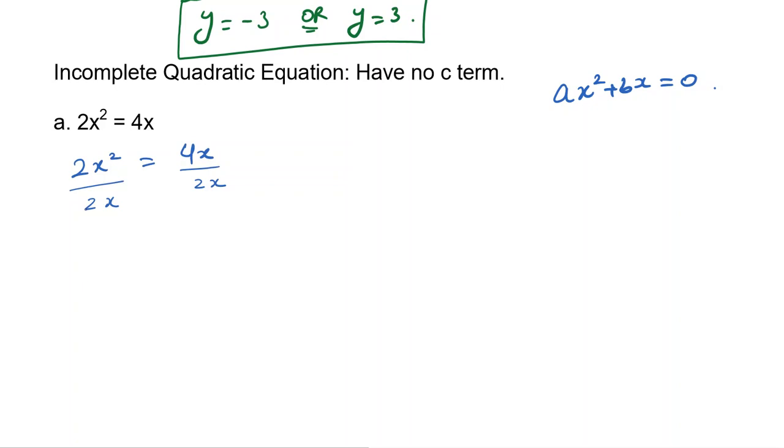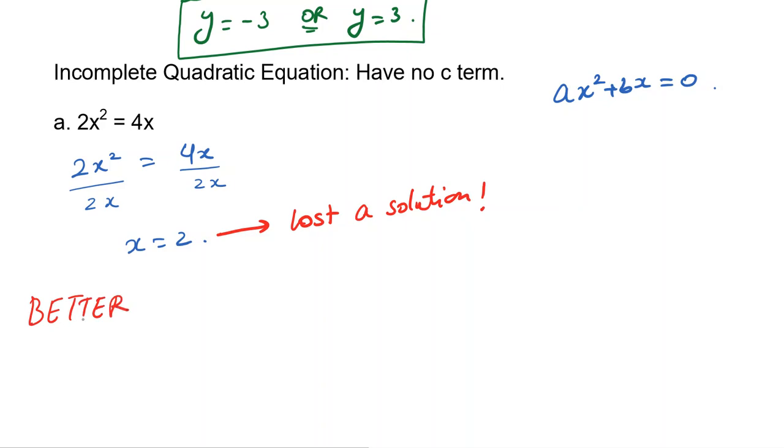When you do this, you cancel your 2's, cancel your x, and you write x equals 2. But the problem with this is that you are making the assumption that x is non-zero, and you lose a solution in this case. So this is not the best way to do the problem.